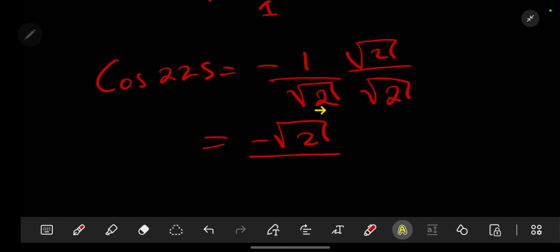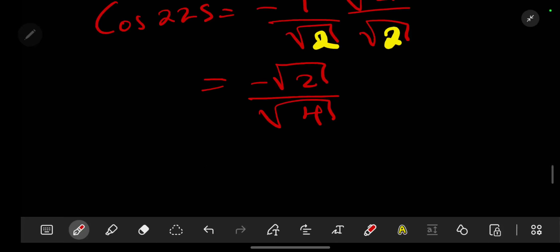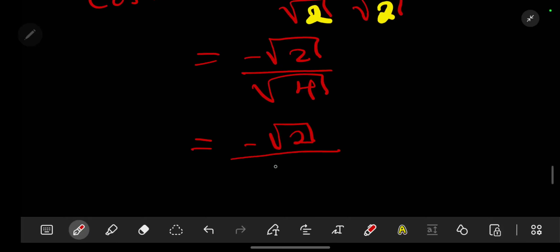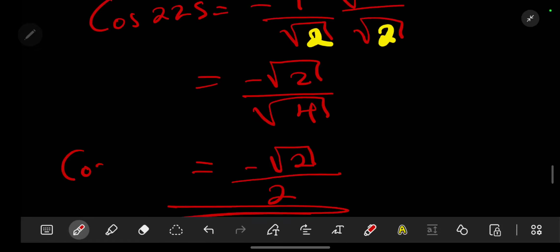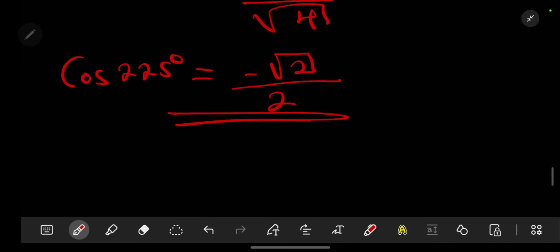What is inside multiplies each other, so 2 by 2 is 4. So we are going to have the root of 4. So this gives us negative root of 2 over the root of 4, which is 2. So the cos of 225 degrees is equal to negative root of 2 over 2.